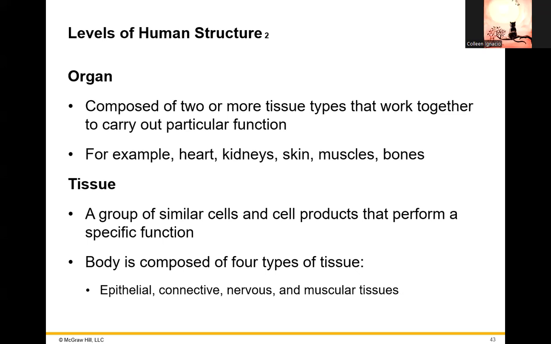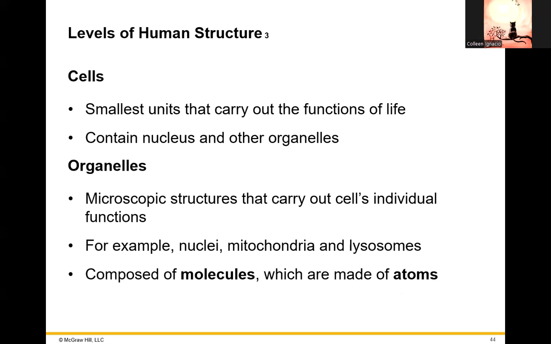Tissues are a similar group of cells that perform a specific function. And the body is composed of 4 different types of tissue. Later on, as we talk about our histology, we'll look at those tissues under the microscope. But those 4 types of tissues are epithelial tissue, connective tissue, nervous tissue, and muscular tissue. Okay, those 4 types of tissues.